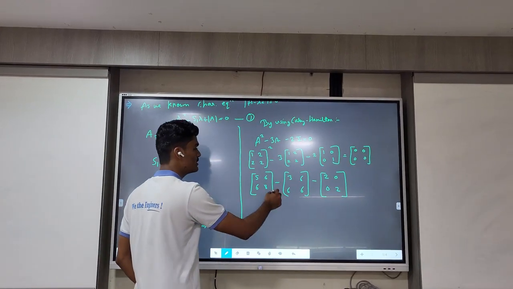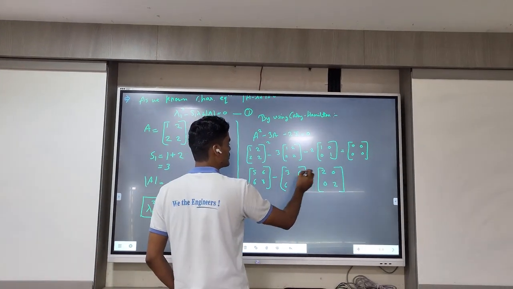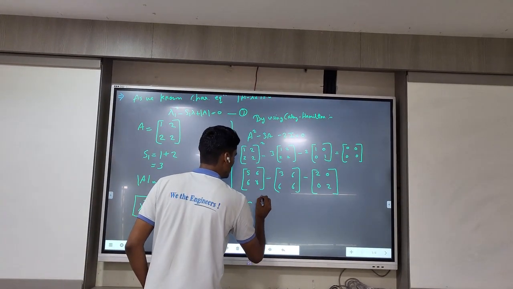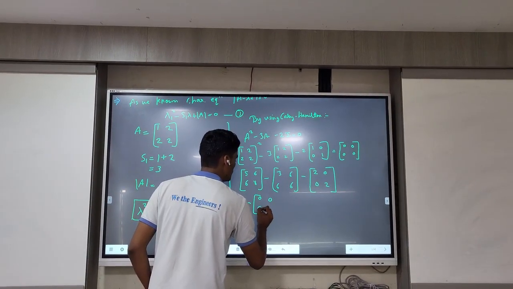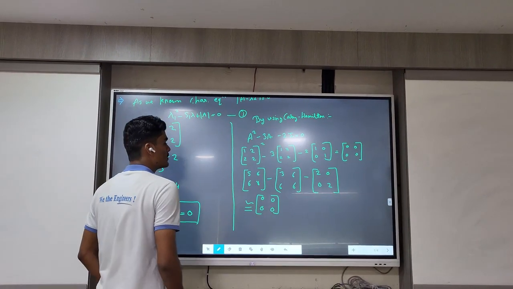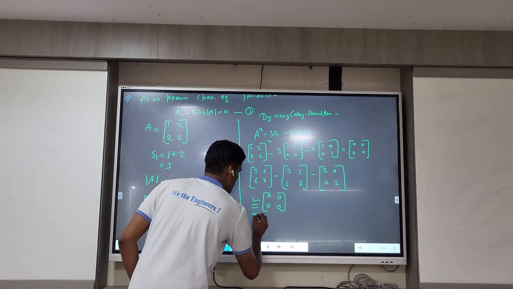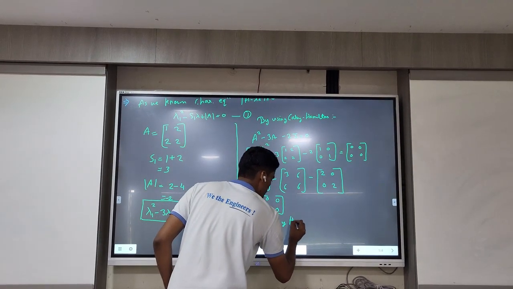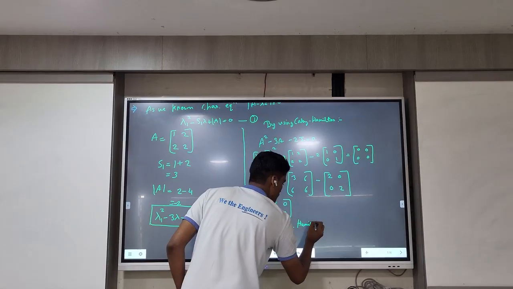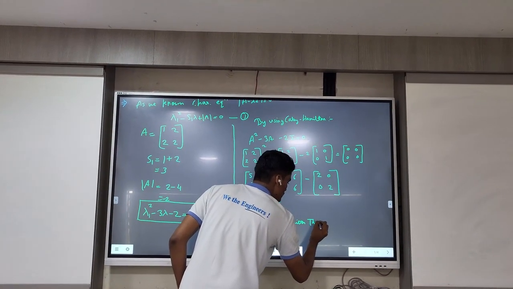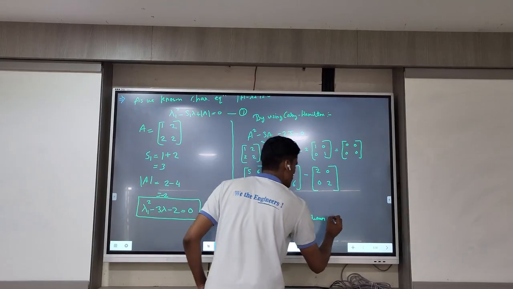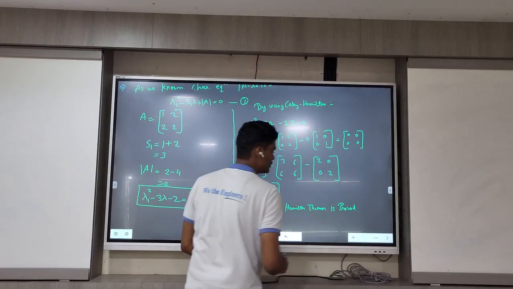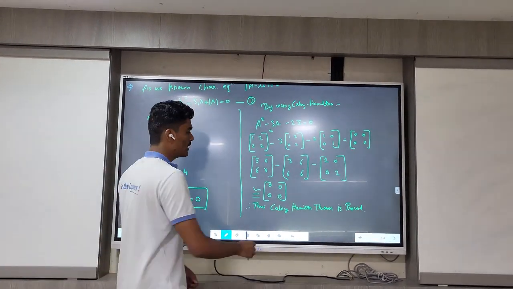Now if you solve this using a calculator you will get, as you can see, 3 minus 3 is 0, 6 minus 6 is 0, and so on. So we can say that the Cayley-Hamilton theorem is proved for now.